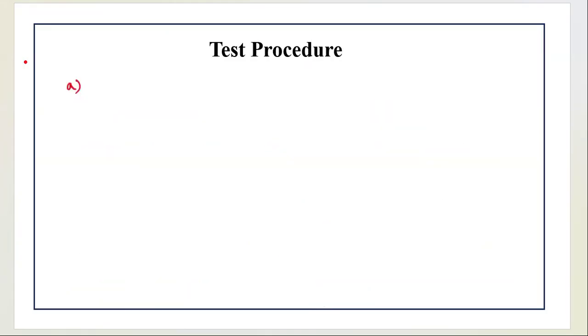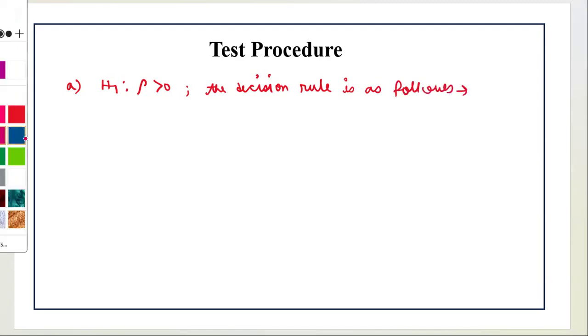The first case is when the alternative hypothesis is rho greater than 0, right? So under this case, the decision rule is as follows.